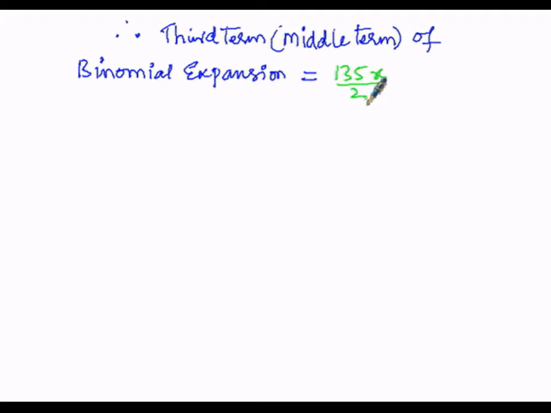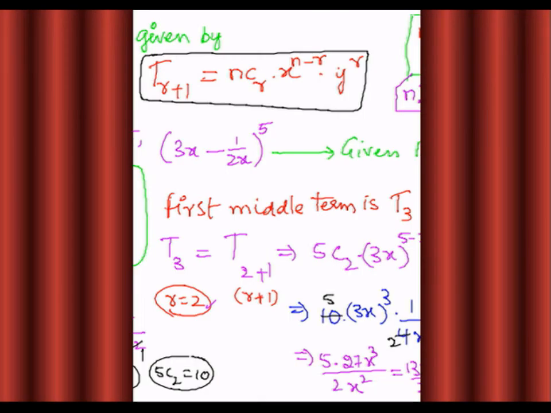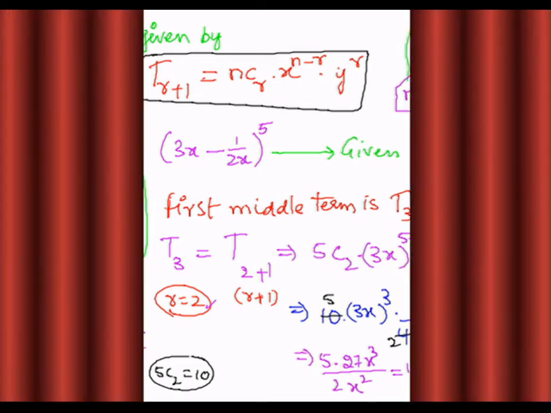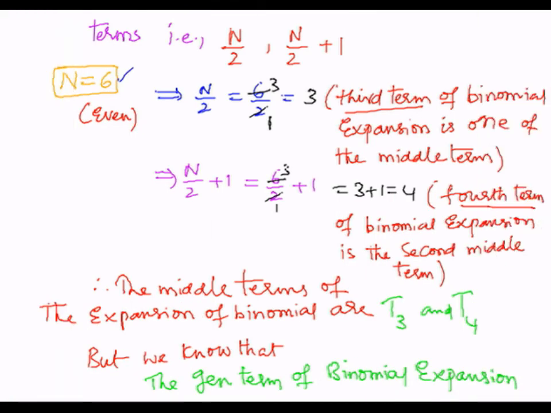Now the next case, the next middle term. Here the first middle term is T3, but the fourth term of the binomial expansion is the second middle term. So here the second middle term is nothing but the fourth term.